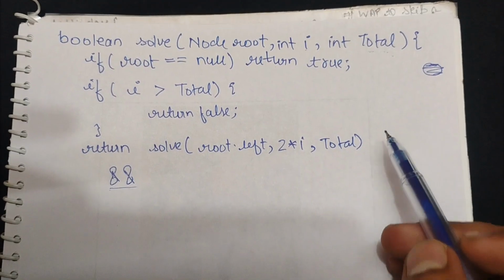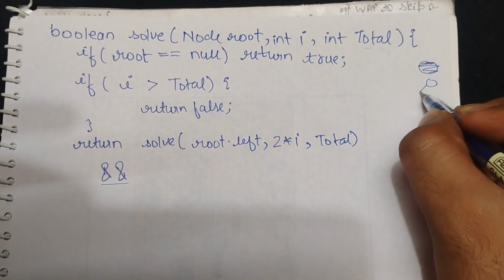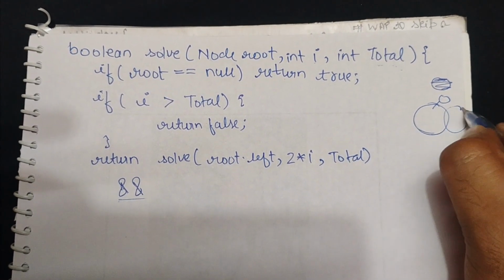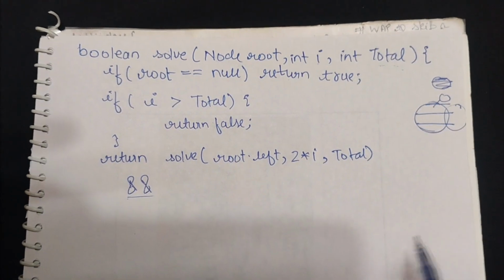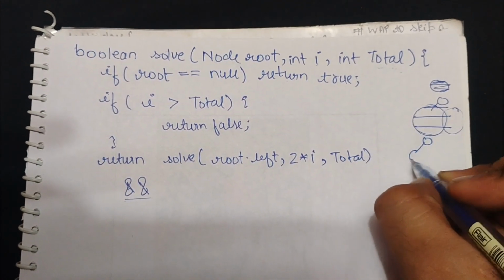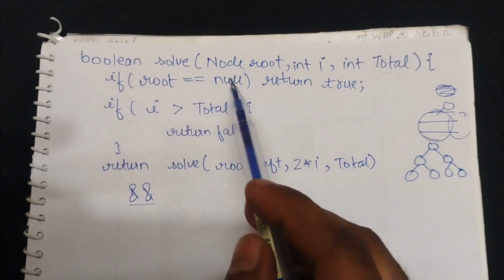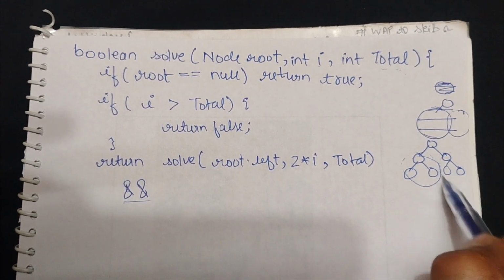The tree should be completely correct, not like if the tree is complete on the left hand side but not on the right side, that doesn't matter. The tree should abide by the rules of a complete tree from everywhere, on the left side as well as the right side.